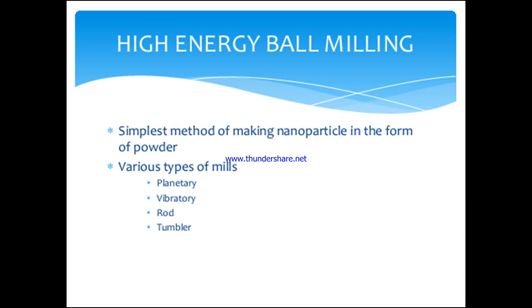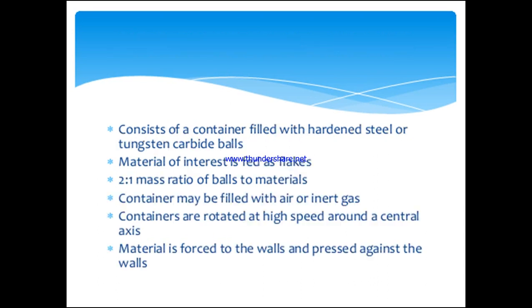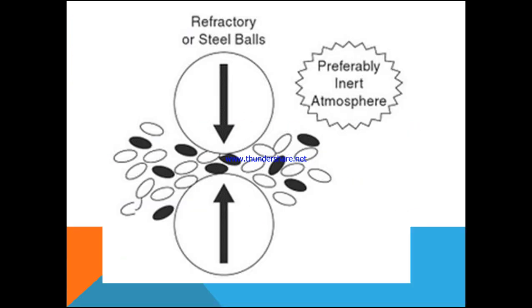nanoparticles here. So when we talk about ball milling, this is the figure which indicates the ball milling technique here. So we are having refractory or steel balls, and in between these balls we are going to have a bulk material.